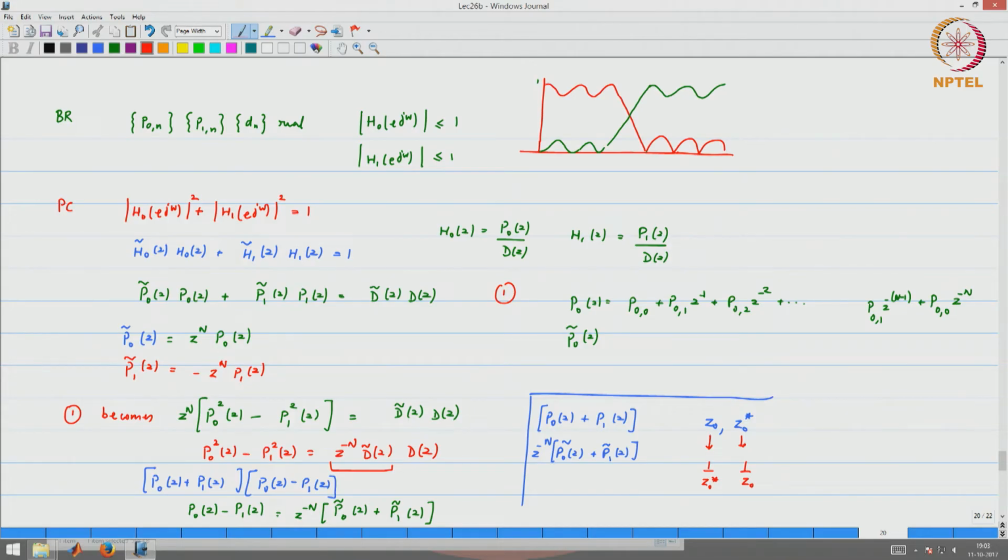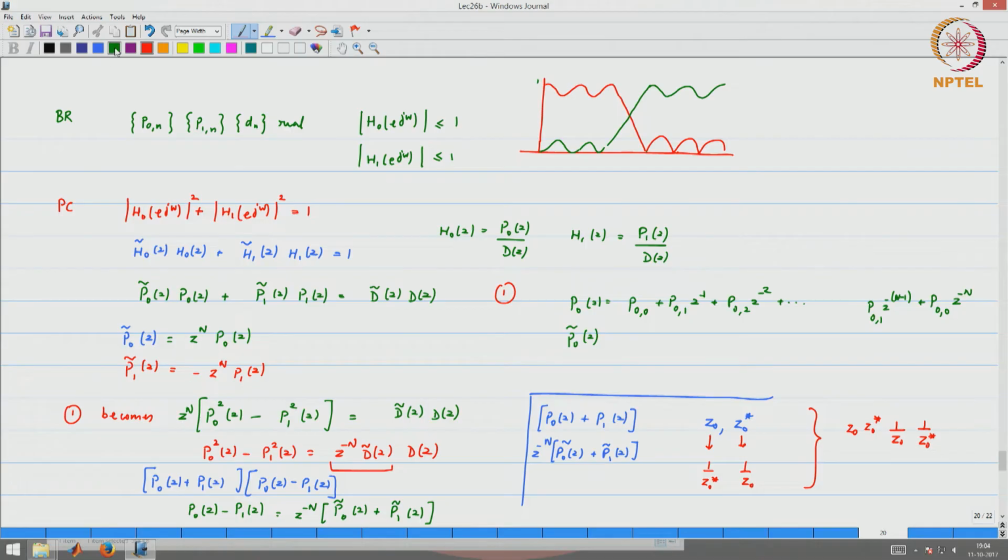So effectively between the two of them you will get z0, z0 star, 1 over z0, 1 over z0 star. Or in other words, you could make the following statement.